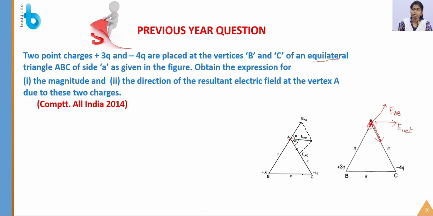But you don't know the angle alpha, right? So you have to find the magnitude of the net electric field, and you have to find the direction, which is the angle theta from E net to the line AC. Okay students, let's solve this problem.